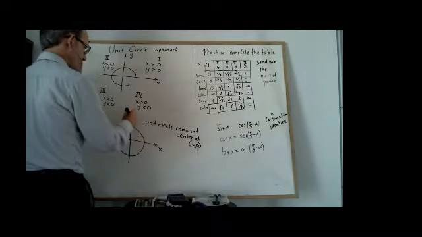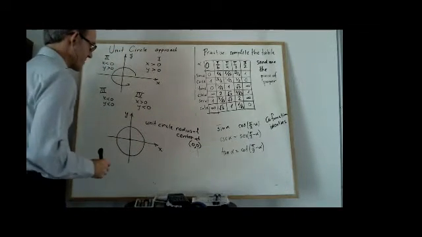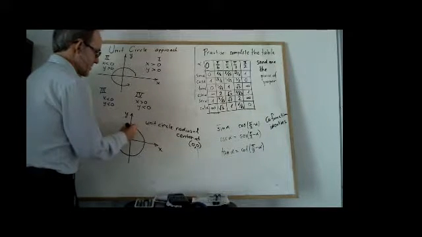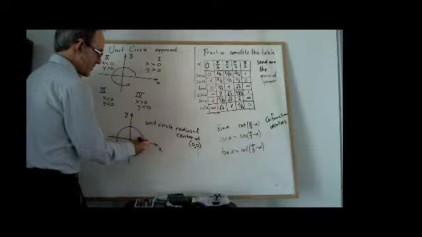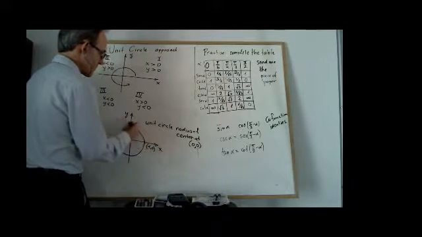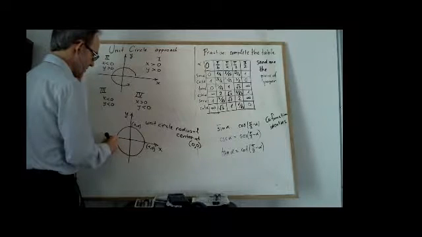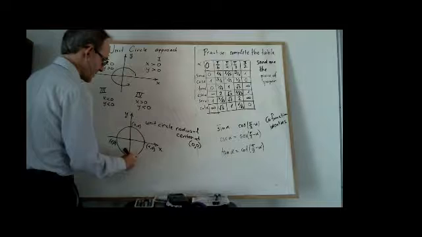The center is at the origin of the xy plane. Okay, so this point will be 1, 0. This point will be 0, 1. This point will be minus 1, 0. And this point will be 0, minus 1.